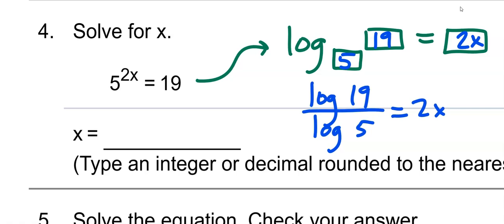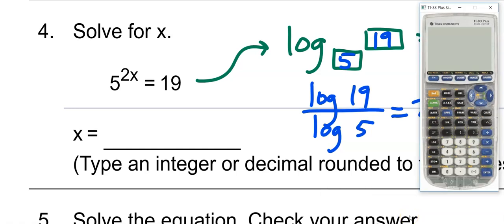Log 19 over log 5, that's a number. Let's find that number. Log 19, end parenthesis, divided by log 5, end parenthesis. So that's my ugly number. And then, of course, you know from what you saw earlier that we had 2x on the other side.